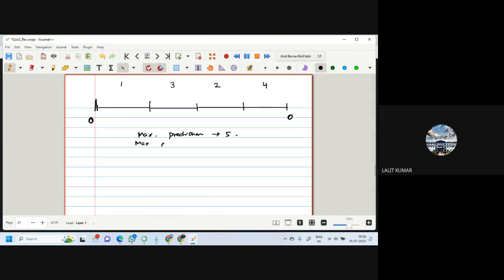Max carriage is equal to 4. It means from here to here, I can carry maximum 4. Second, whenever I order, there is a fixed cost 3, and so total cost becomes, if I order X, the ordering cost is 3 plus 1 times X. Whenever I carry, there is a cost of 0.5. Is anything else given in this question? Puneet?